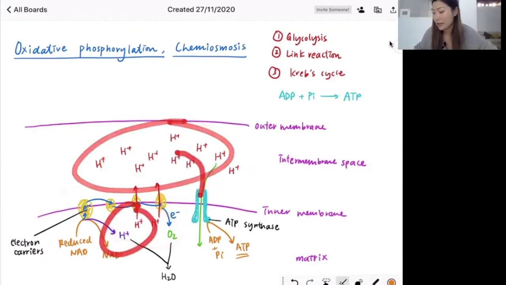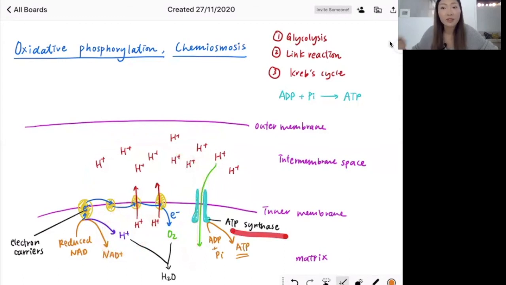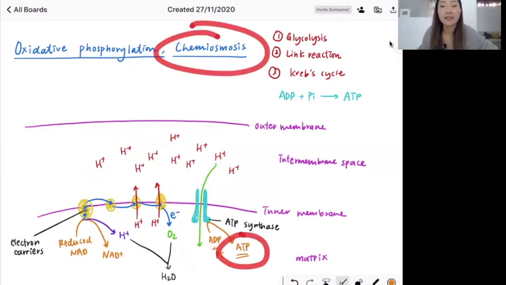Hydrogen ion will then flow from high to low concentration through ATP synthase, and since it's flowing through a protein, that's facilitated diffusion. Hydrogen ion flowing down ATP synthase, providing energy for the phosphorylation of ADP to form ATP. This process is called chemiosmosis.